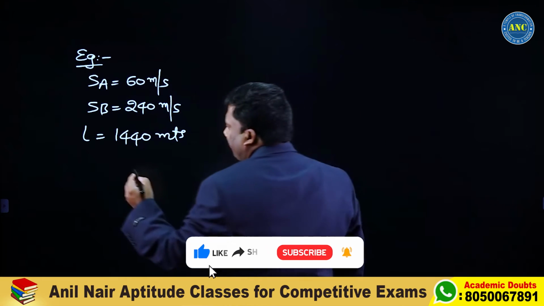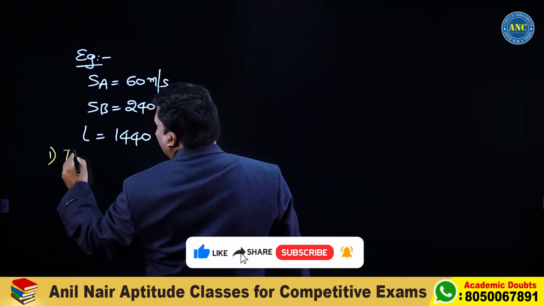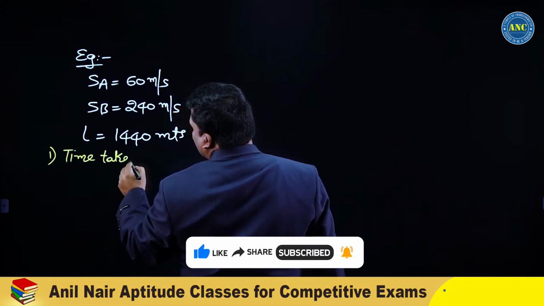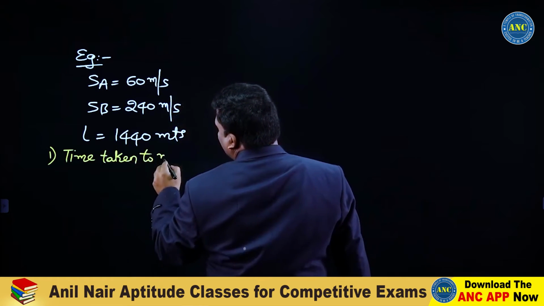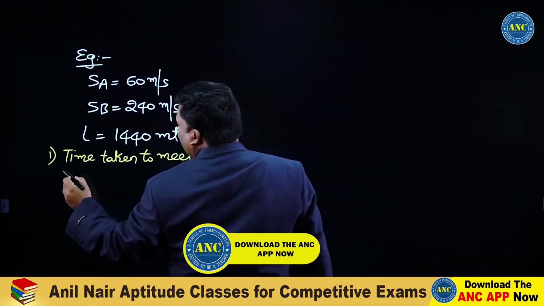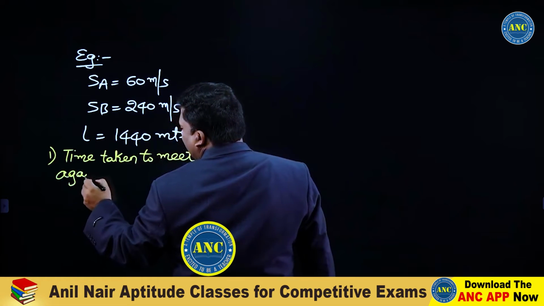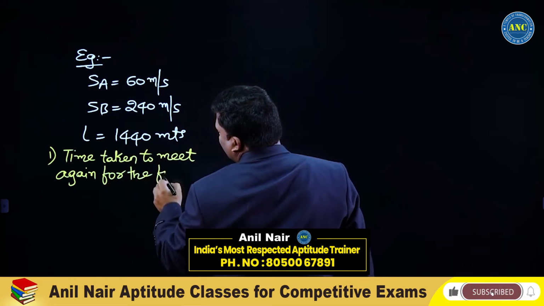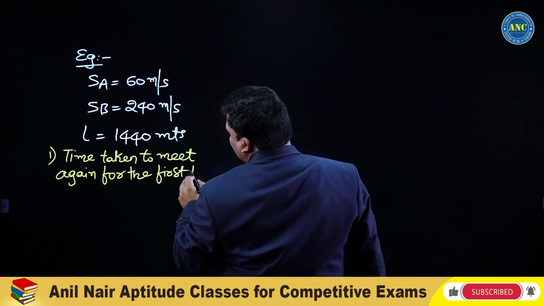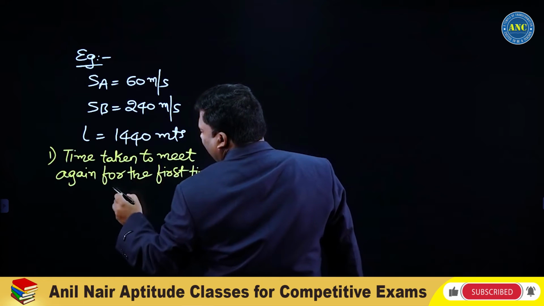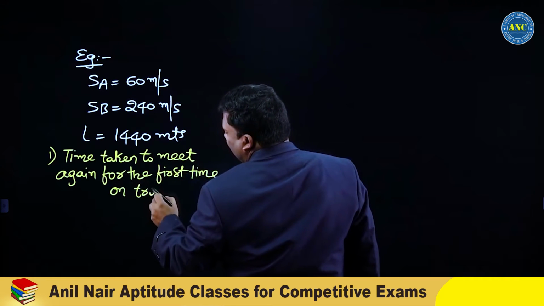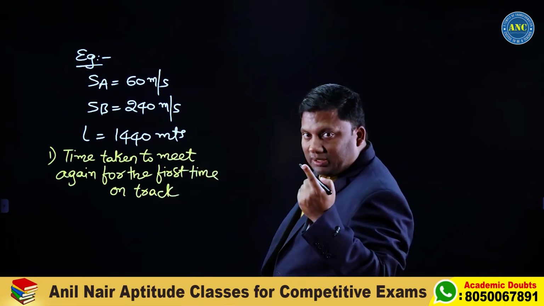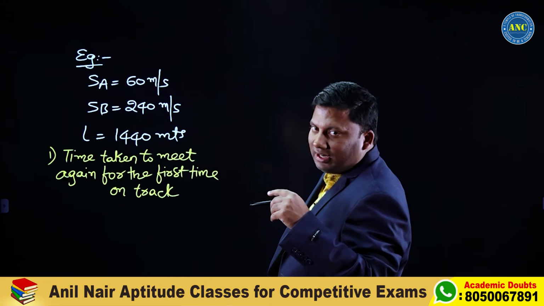First one, time taken to meet again for the first time on the track. After 1 second, A will travel 60 meters, B will travel 240 meters.